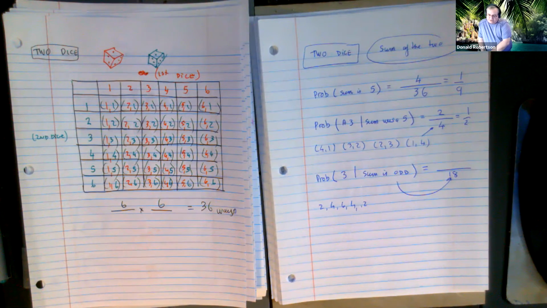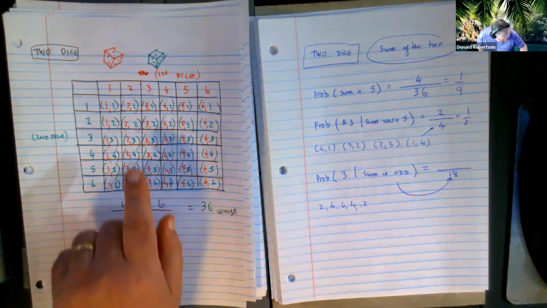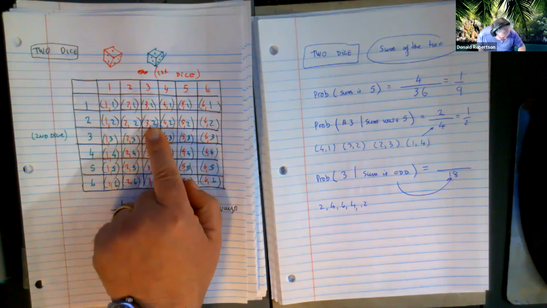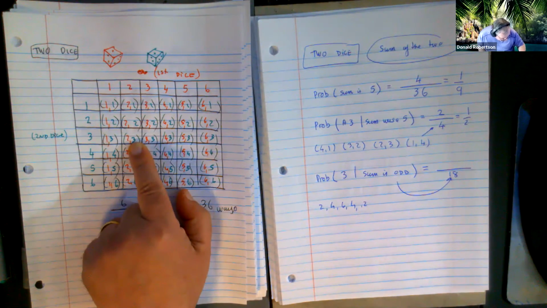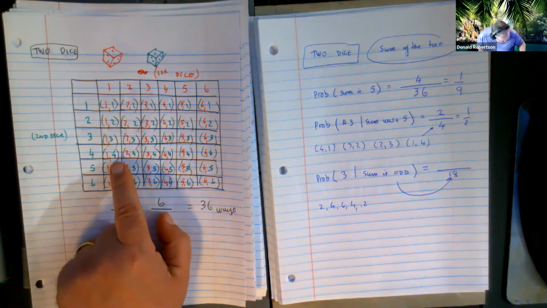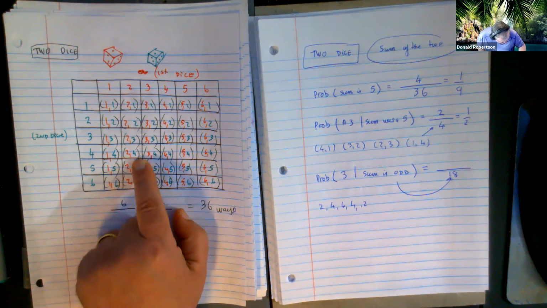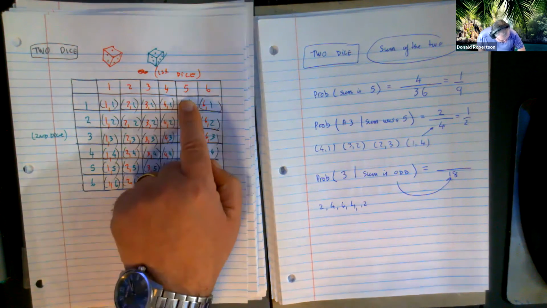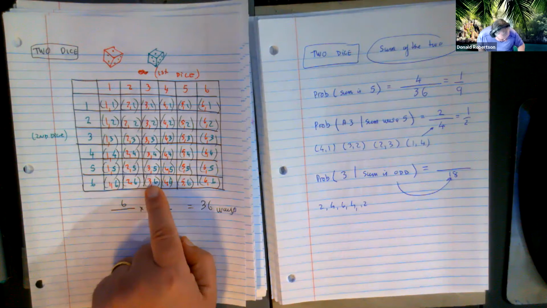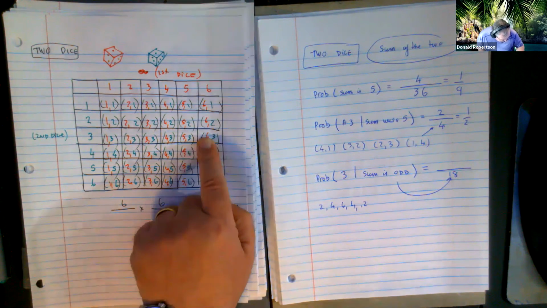Of those 18, and only those 18, how many of them have a 3 in them? Well, none of them. That one and that one, so that's 2. That one's 3, 4, 5, 6, 7.